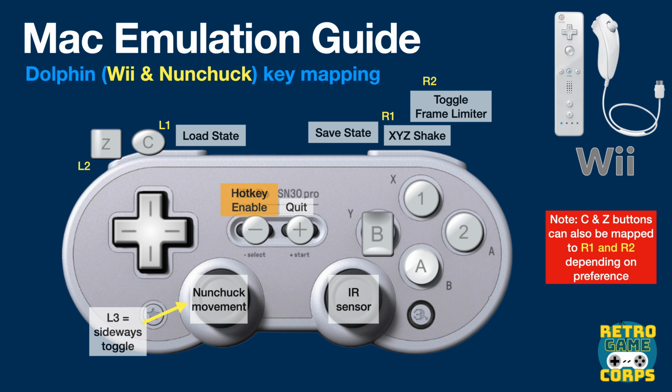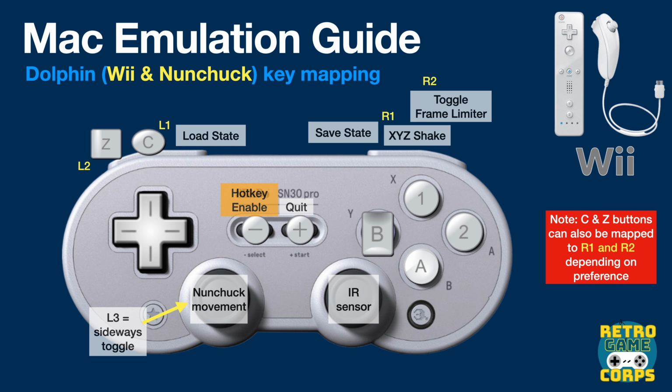Now when it comes to Nintendo Wii, this one is even trickier. We're going to set up just one major profile that will cover all of our Wii and Nunchuck inputs. Let me walk you through this really quickly so you get an idea of what's going on. To start, I have mapped out my A, B, and 1 and 2 buttons in a way that makes the most sense for me when you're holding a Wiimote.